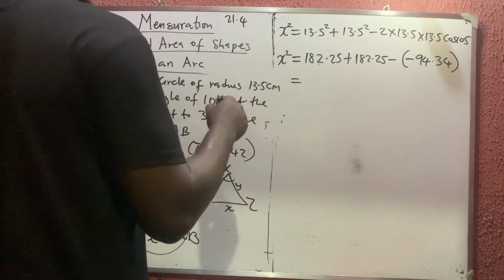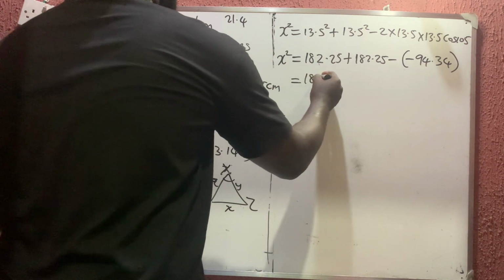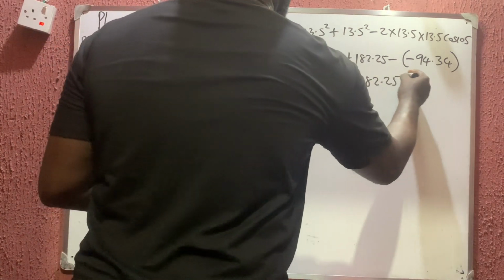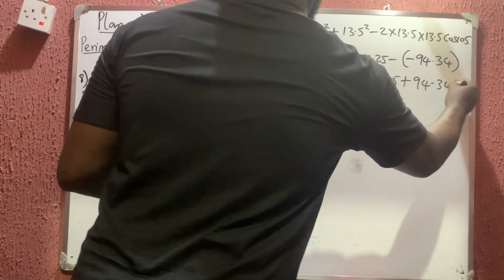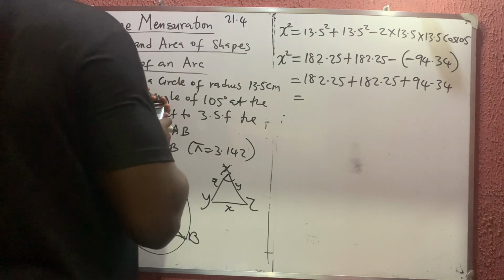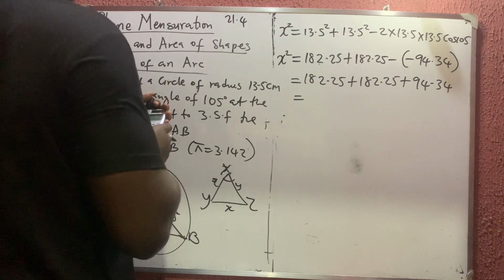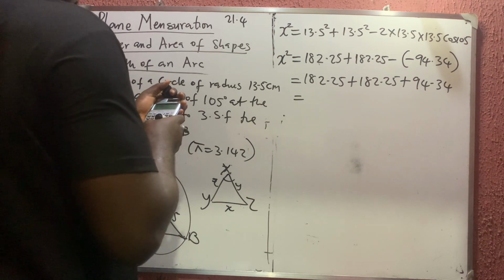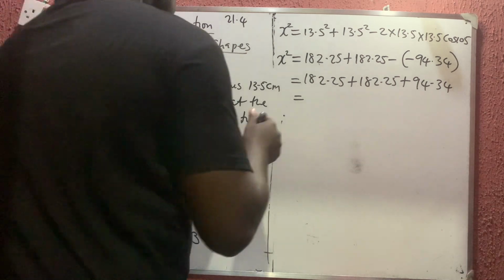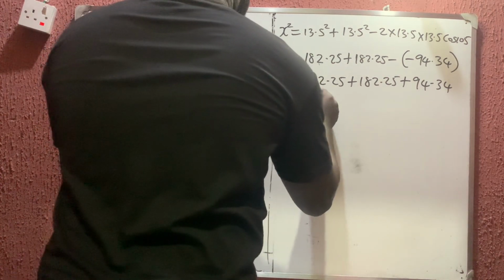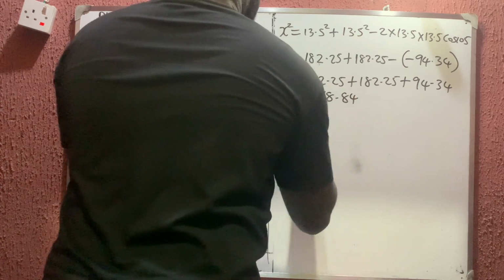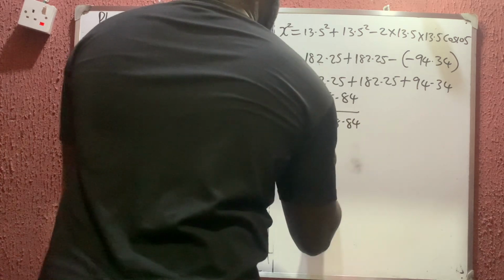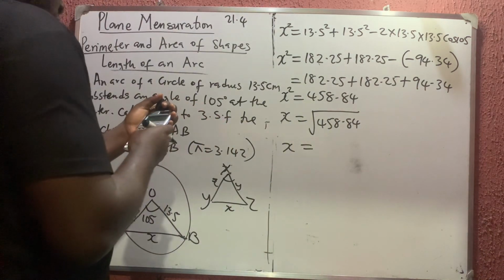So if you do everything here, it means 182.25 plus 182.25, then plus 94.34. So I'm having that x squared is equal to 458.84. So x will now be the square root of 458.84, so my x is equal to the square root of this.